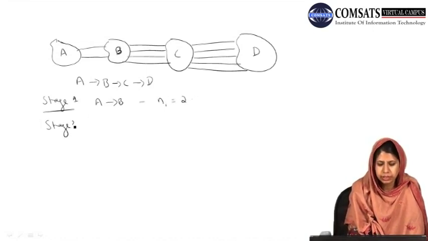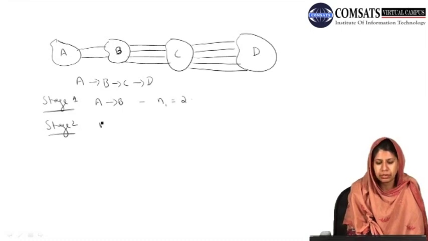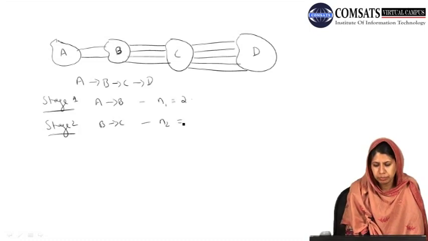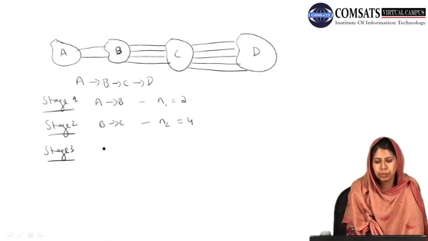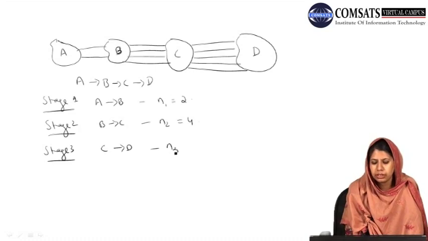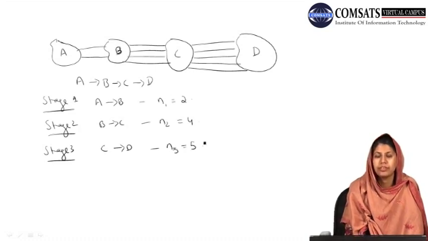Our second stage, the number of possible outcomes in going from city B to C, is equal to 4. And our third and last stage, the number of possible outcomes in going from city C to D, is equal to 5.